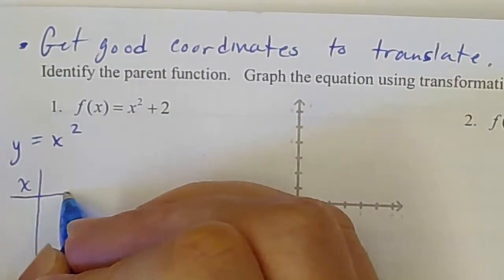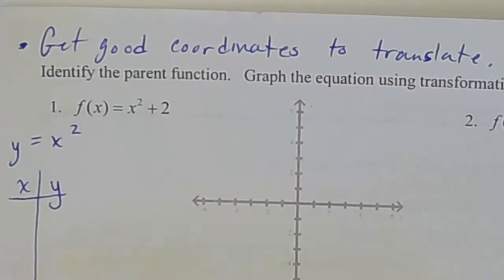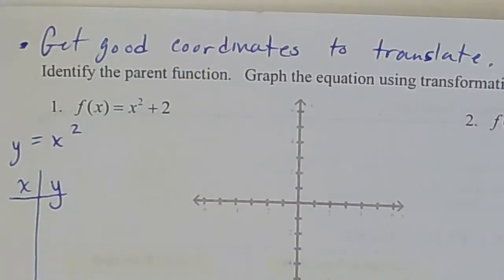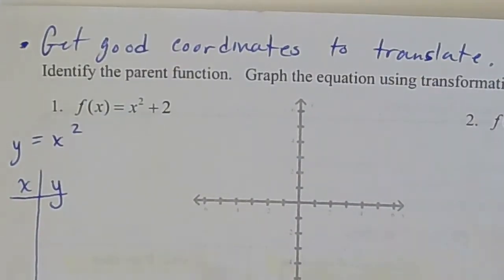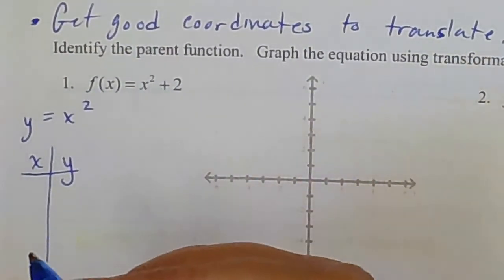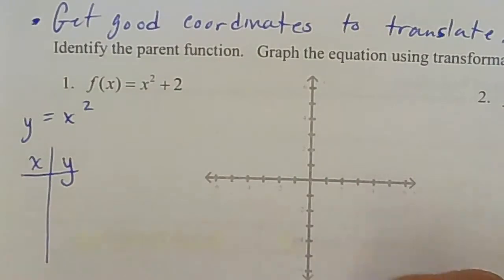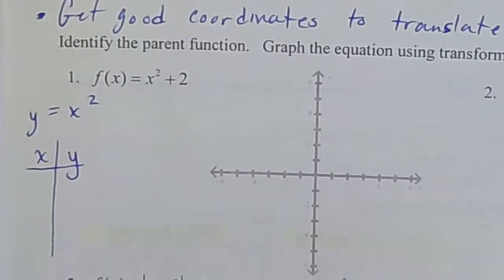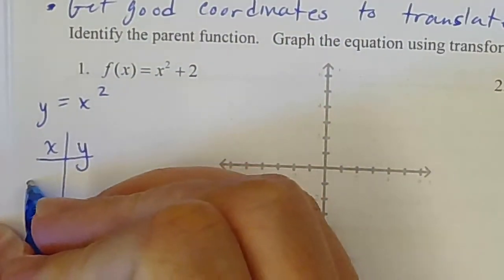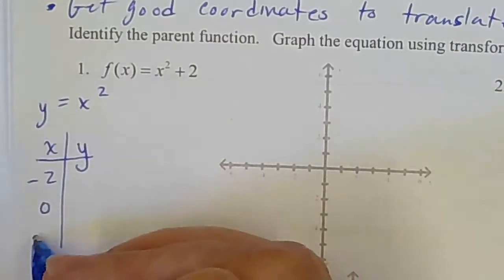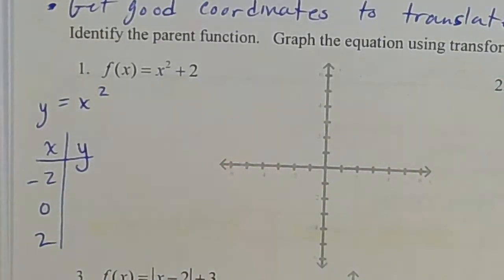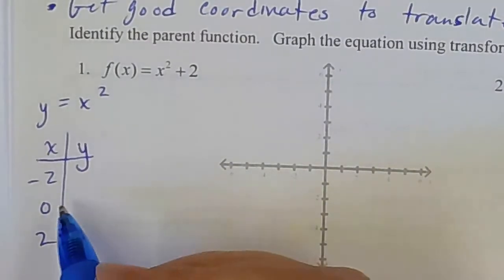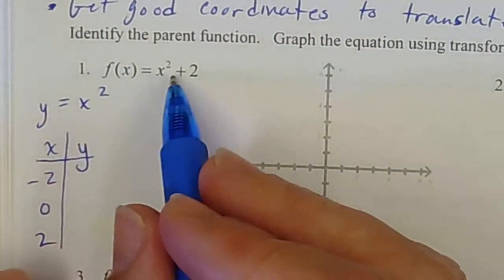And what I want you to do next is to get some good coordinates to start with. Typically 1 negative, 1 positive, and 0 works for a lot of these parent functions. Not all of them, but for a lot of them, I think using -2, 0, and 2 are a good idea. So for the parent function, don't do the +2 yet.